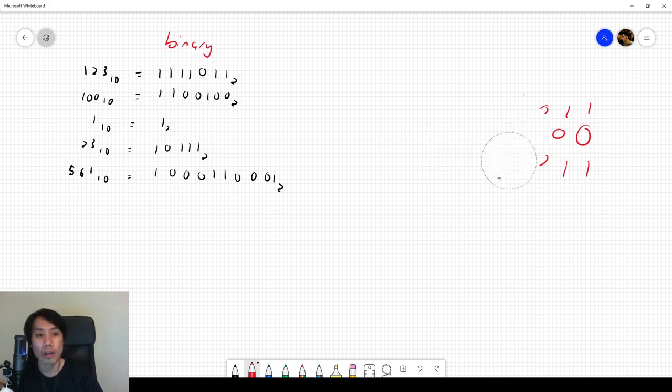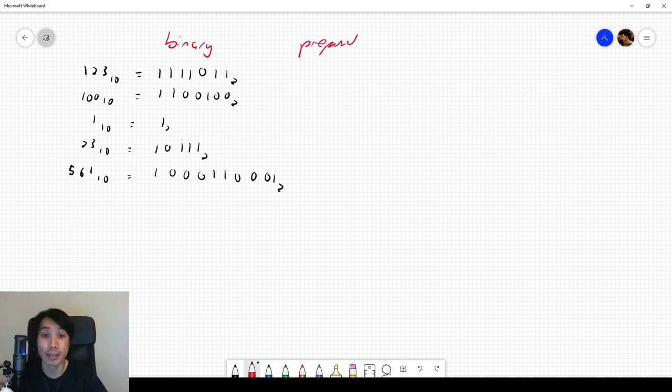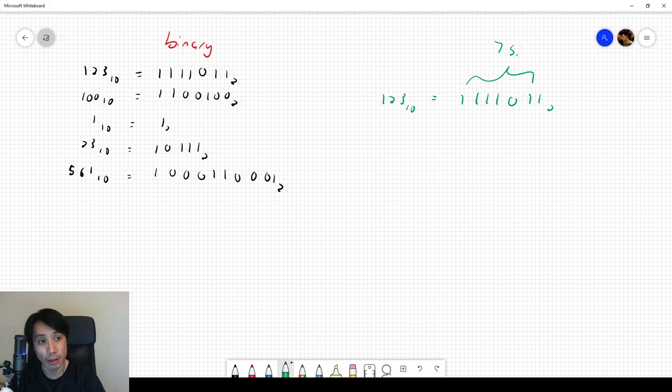Okay, what are we going to prepend? What we want to prepend is actually the length. So I'm going to show you step by step now. 123 in binary is 1 1 1 1 0 1 1. How many bits do I have? 1 2 3 4 5 6 7. So here I have 7 bits. Because I have 7 bits, I'm now going to look at 6, in other words, I will minus 1.